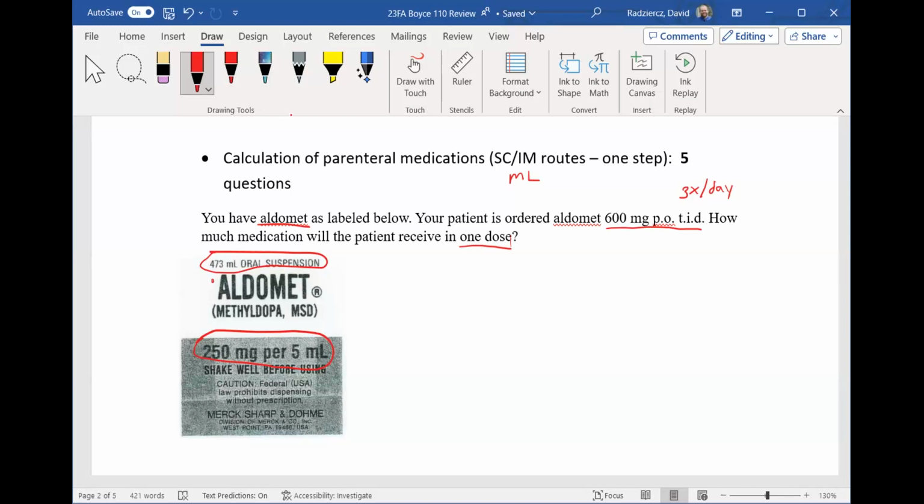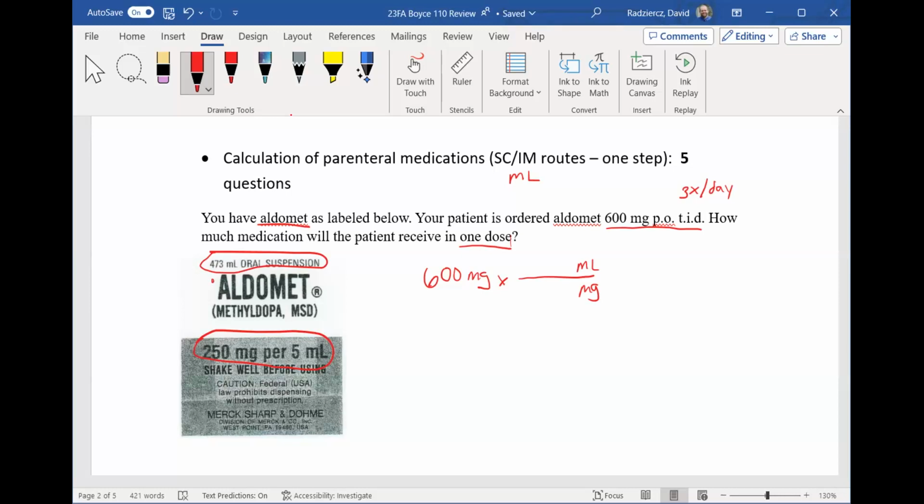So let's solve for this. I'll do it two ways, right? I'll start off with the dimensional analysis way, 600 milligrams. And I want to convert milligrams to milliliters. That's the other thing. Your question says how much medication will the patient receive in one dose? You need to know that it's milliliters because it's an oral suspension or it's an injectable.